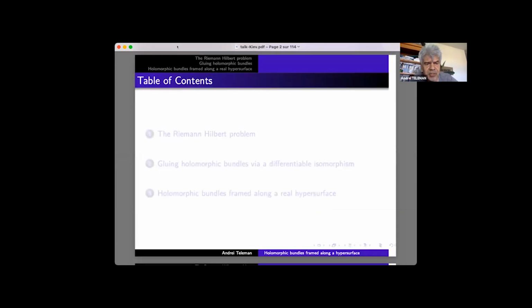So you'll see here the structure of my talk. I will start with a classical old problem, from 1912, the Riemann Hilbert problem.